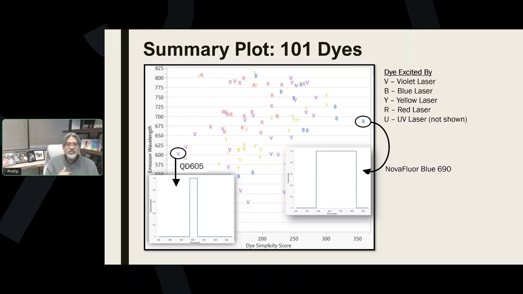And when we start to look at these dye simplicity scores, you can see the big differences, right? Here's Q.605, and here's our transformed graphic for the spectra, and you see how narrow it is compared to this dye, Nova-4 Blue 690, which is very, very broad in its emission.